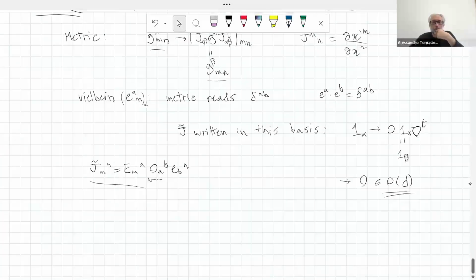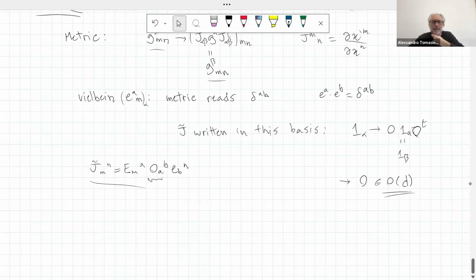Now, why were we able to do this? Thanks to a metric on the space. It turns out that basically on all manifolds, you can do that. There is a metric on almost any manifold. There's a condition called paracompactness, but that is something that in physics goes without saying.